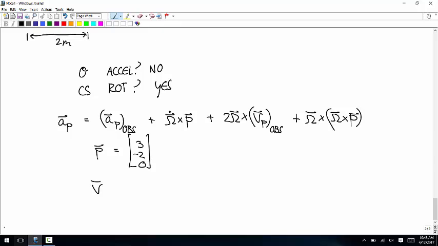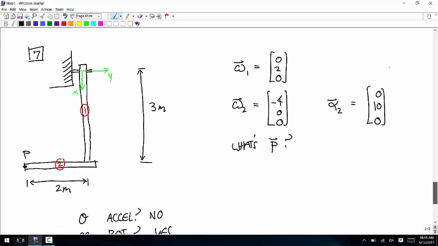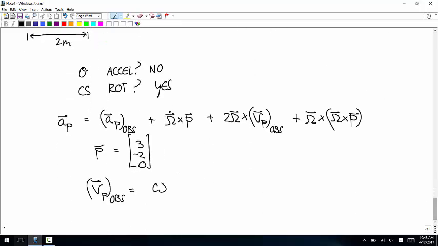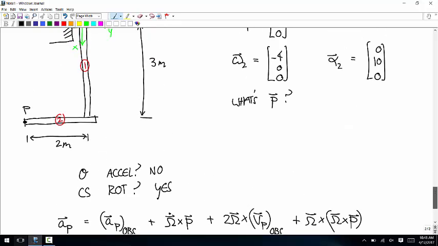The velocity vector of P that's observed is not the circular motion, and we're going to use the angular velocity. So now we're imagining that one is fixed and just thinking of the circular motion of P around its joint. And so that's going to be the angular velocity of body 2 crossed with the r vector.